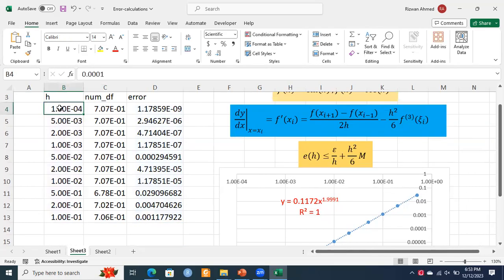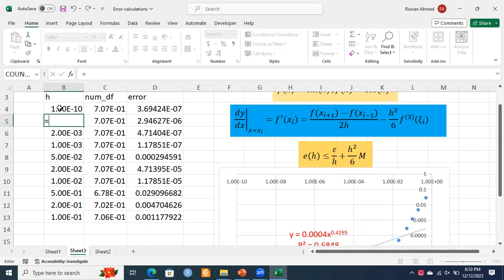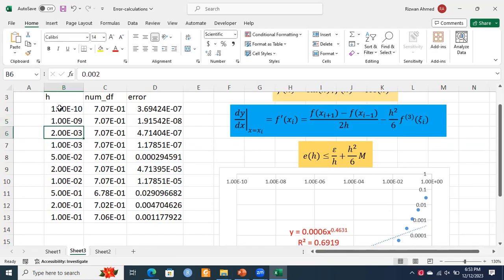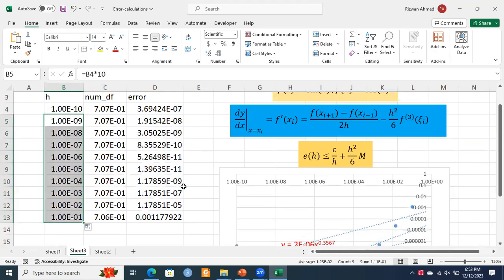So for this one, I change here to e raised to the power minus 10, and the next value I change to 10 times of it, and successively I change the values of the step size. Here you can see the step size is on the order of 10 to the power minus 10, then 10 to the power minus 9. So it is nanoscale.